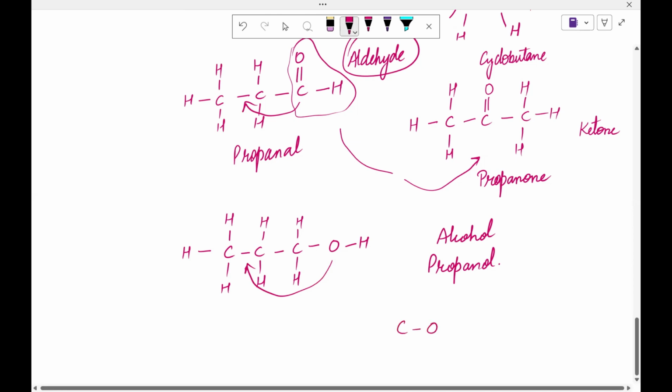So it would become like this. There is a carbon oxygen single bond, so it has become an ether. Although that is not part of your course, you must know that it has become an ether. So the alcohol has been transformed to an ether.